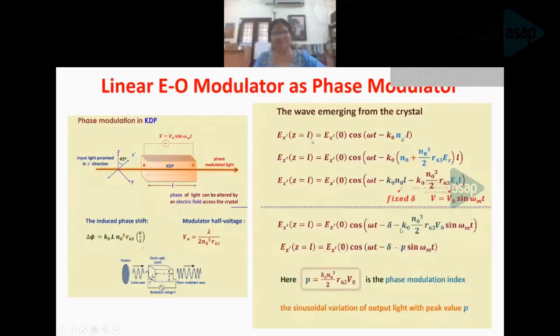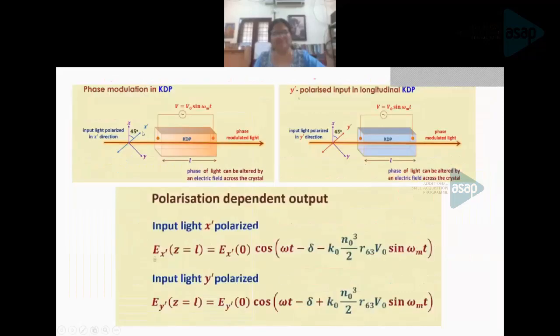Earlier we said that the input light is polarized along the x prime direction. Let us see what will happen if it is polarized in the y prime direction. Nothing much will happen; there is only a small change in the output result. We have already seen that Ex prime equals E0 cos omega t minus delta minus the index modulation part, sin omega t.